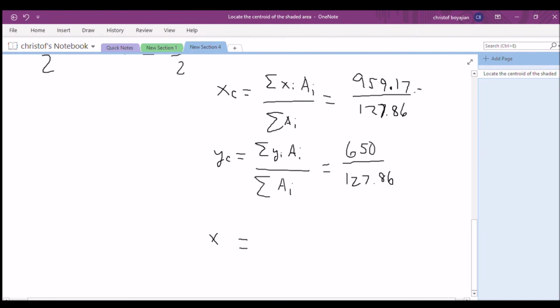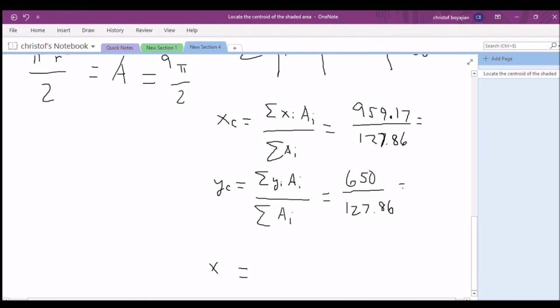Now let's go ahead and solve for the x coordinate of the centroid and the y coordinate. Actually, I might have room to write it here. So I'll plug this in the calculator really quick and see what we get. 959.17 divided by 127.86 is 7.50. Okay, I'll leave it as 7.50 inches.